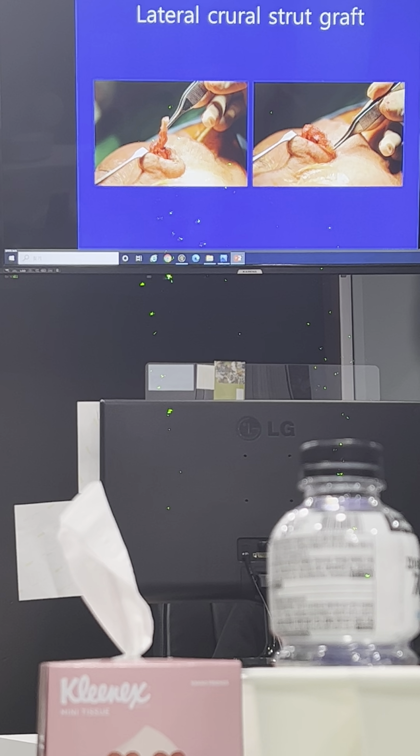So instead of the composite graft, nowadays I prefer the lateral crural strut graft. At first, I dissect the lower lateral cartilage from the skin. After that, I separate the mucosa from the lower lateral cartilage, so the lower lateral cartilage is floating. Then I harvest septal cartilage and apply the strut graft under the lower lateral cartilage. After that, I reattach it to the mucosa and try to extend the alar rim.